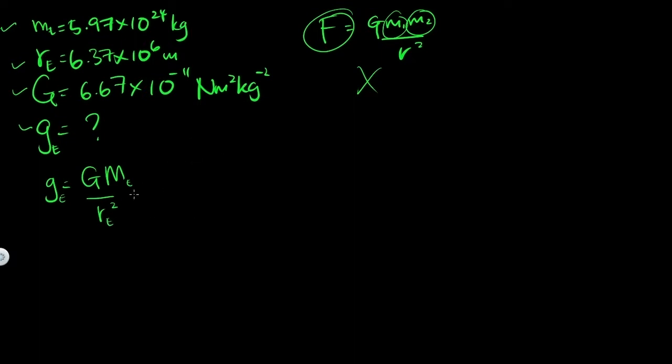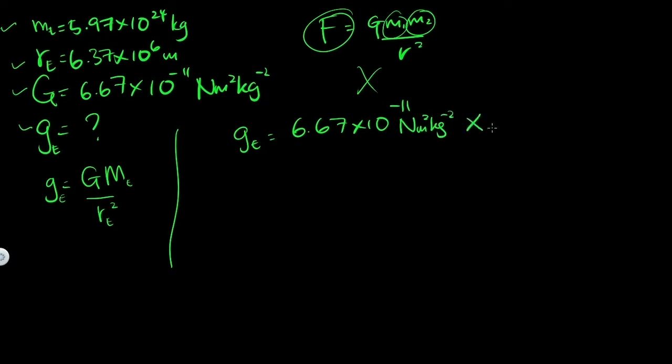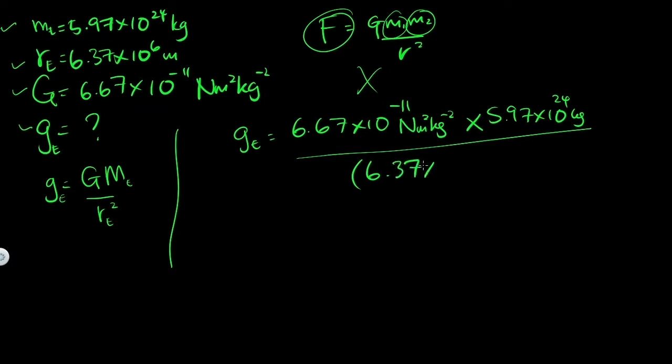The next step is we substitute the values. gE equals G, 6.67 times 10 to the power of minus 11 square kg minus 2, times the mass of Earth, which is 5.97 times 10 to the power of 24 kilogram, and then divide by the square of the radius of the Earth. So, in a bracket, 6.37 times 10 to the power of 6 meter square.